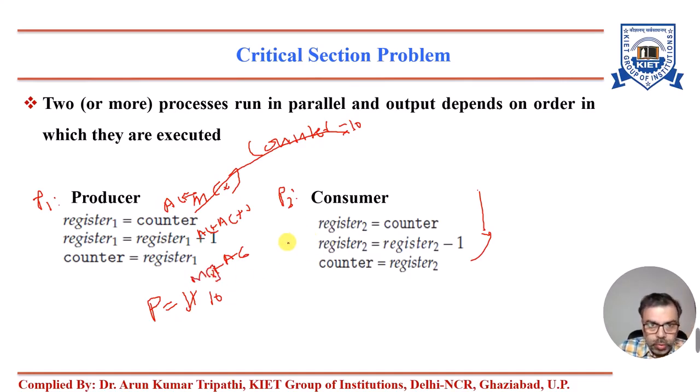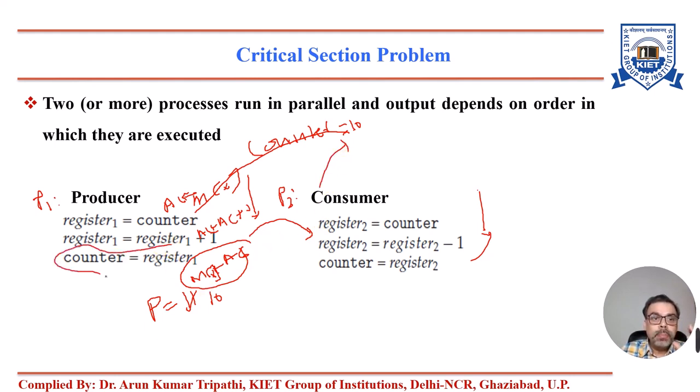Now what happens here? When process P1 was incrementing the value, before updating it, the processor switched over from process P1 to P2. Now the value that process P2 will read is still 10, because process P1 has not updated the value.